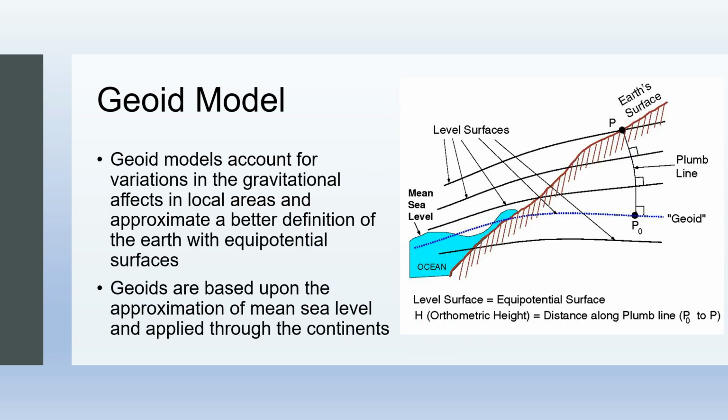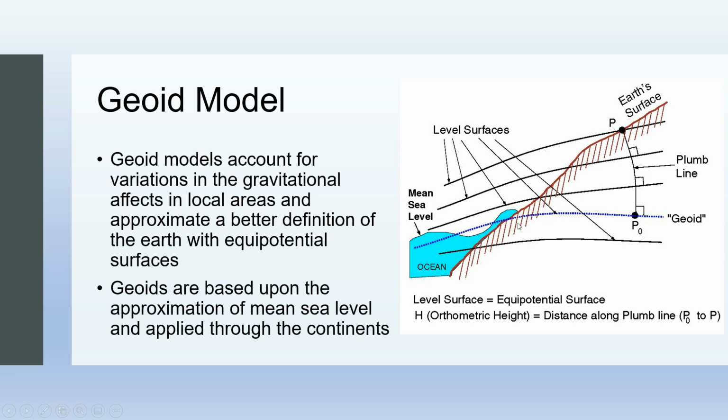When we're talking about geoid models, this is more when we're getting into heights. The geoid is the more actual definition of the Earth's surface. We're taking what we consider mean sea level, which is the level of the ocean, and using local gravitational effects, we apply that through the continents as far as what would be considered the zero elevation.